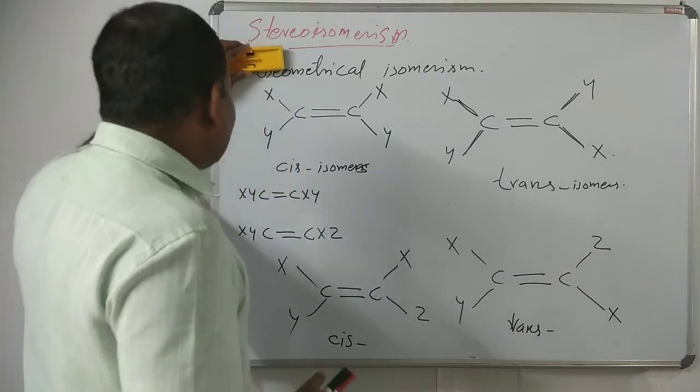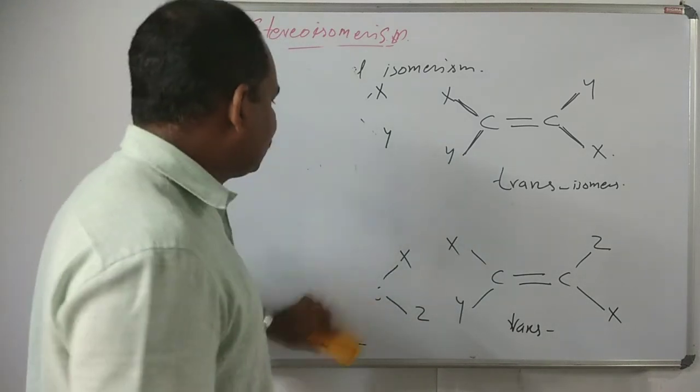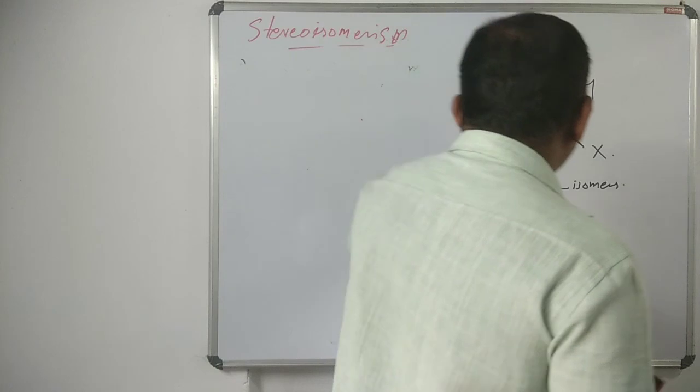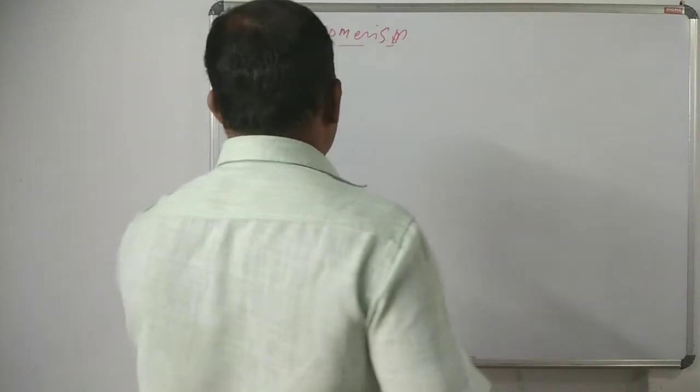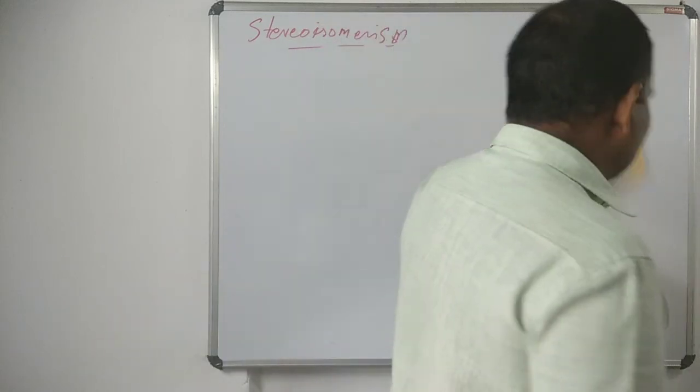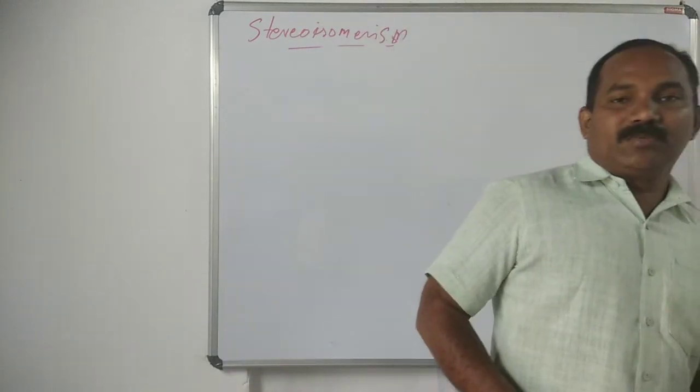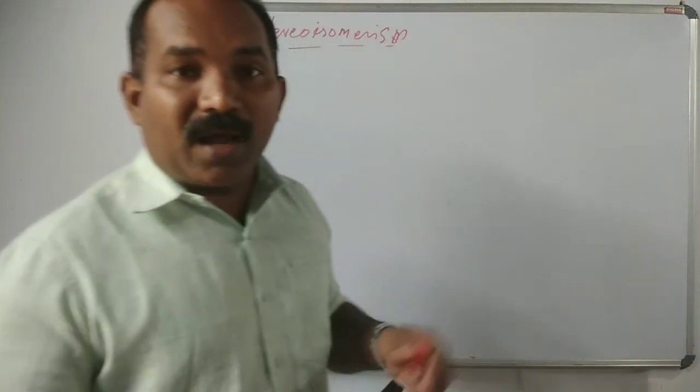Then next we move to the examples. First example is butene. Butene has no geometrical isomerism in its one-butene form. It has only position isomerism.